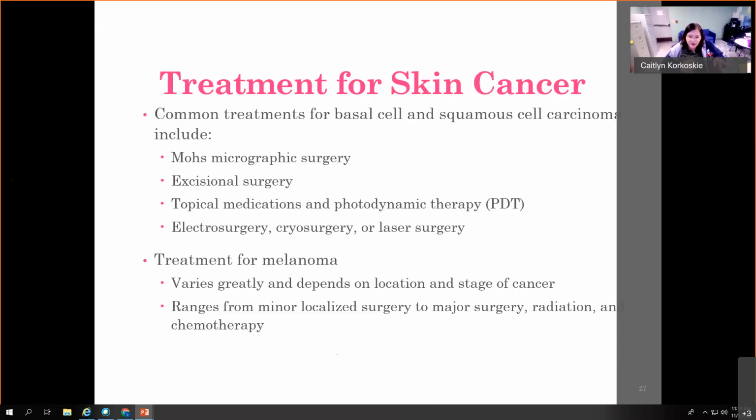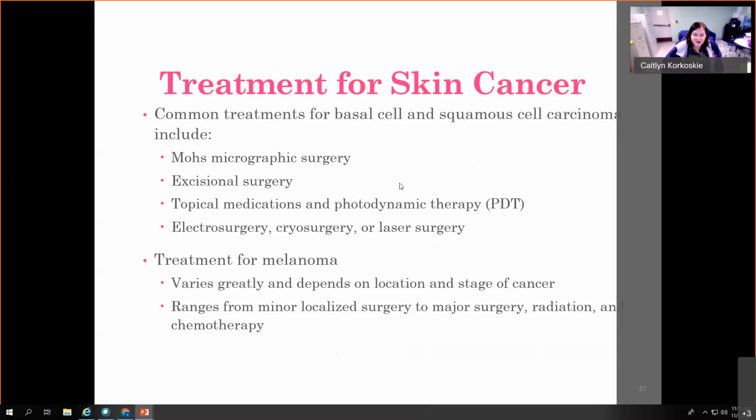They remove a very superficial layer of that, like say they saw that basal cell or squamous cell, and they're going to remove very thin layers of it until they make sure they've gotten all of the cancerous cells out.